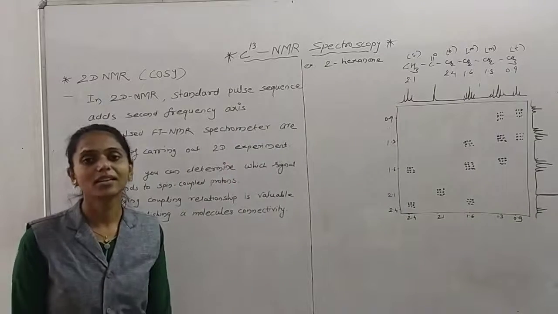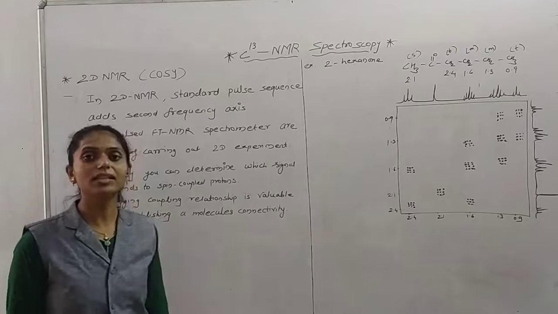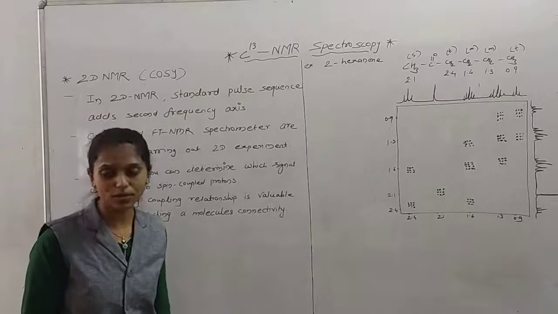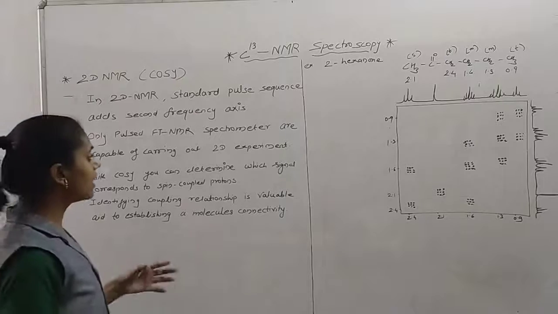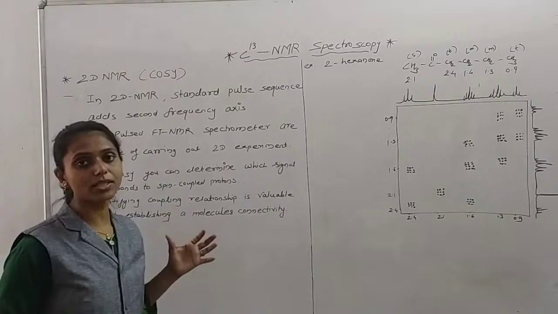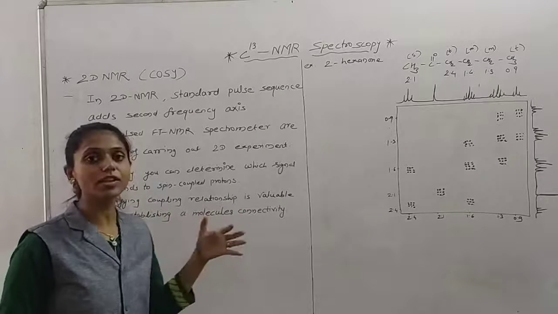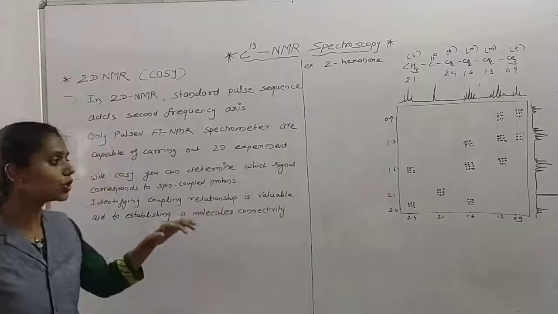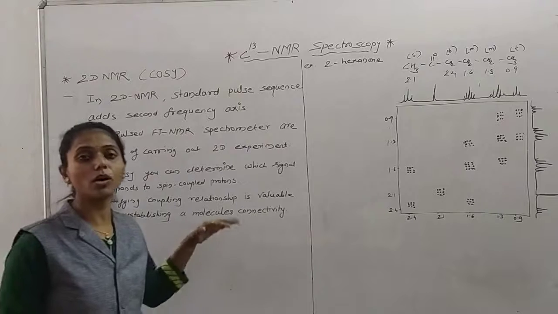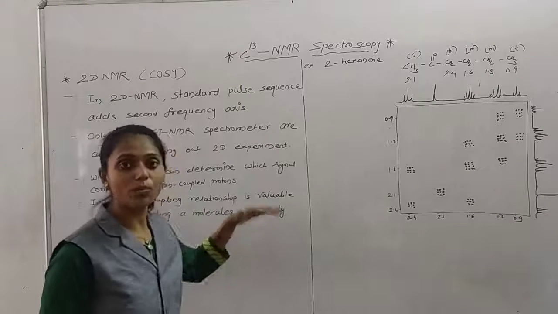Hello friends, in the previous lecture we have seen DEPT spectroscopy. What is DEPT spectroscopy? Actually it is the distortionless enhancement of polarization transfer spectroscopy, in which we have seen a spectrum where CH3 and CH groups show peaks in the upward direction.